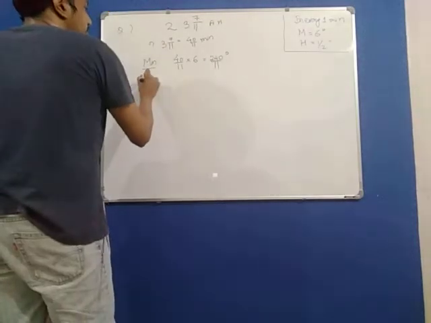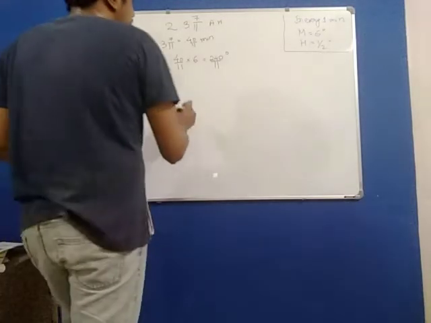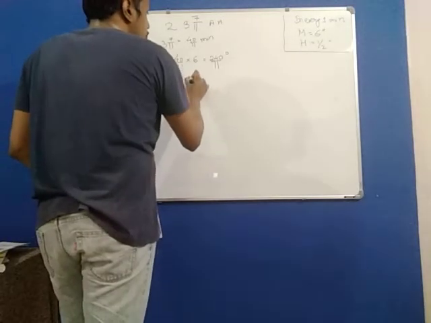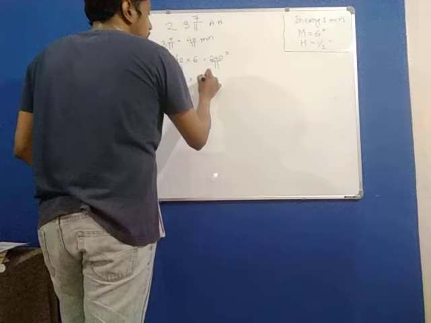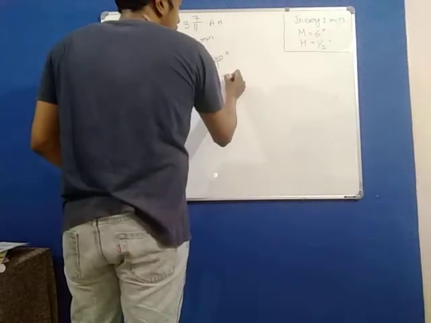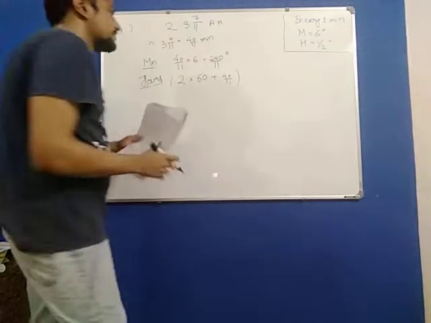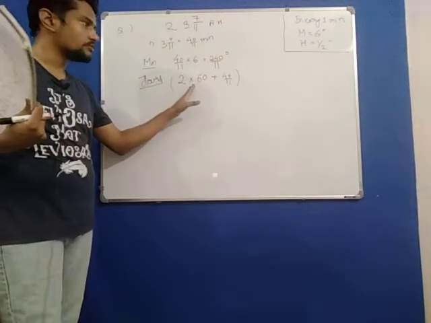As far as the hour's hand is concerned, it has moved for 2 hours, that is nothing but 2 into 60 minutes plus 40 by 11 minutes. This is the total minutes that the hour's hand has moved through.